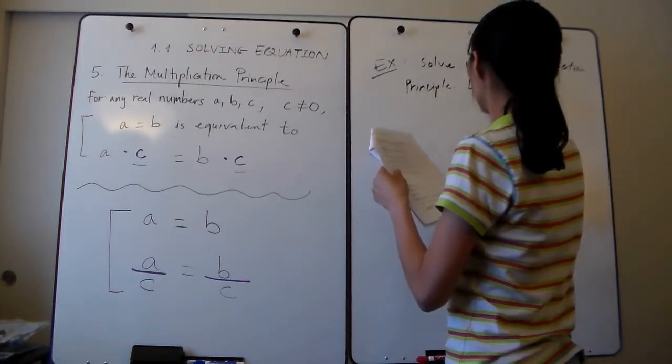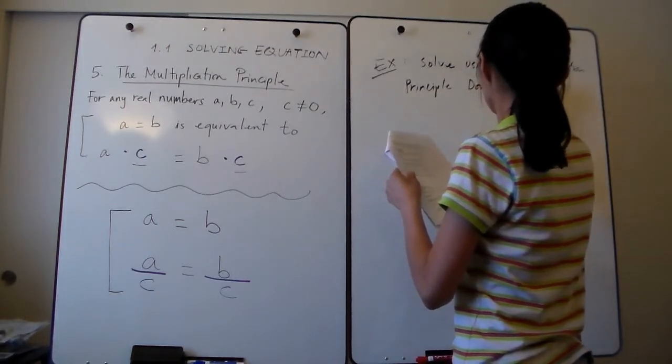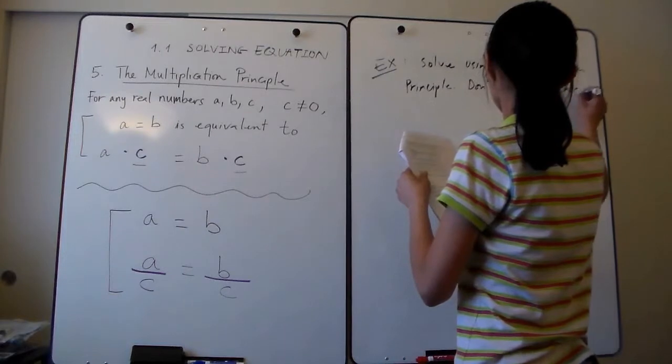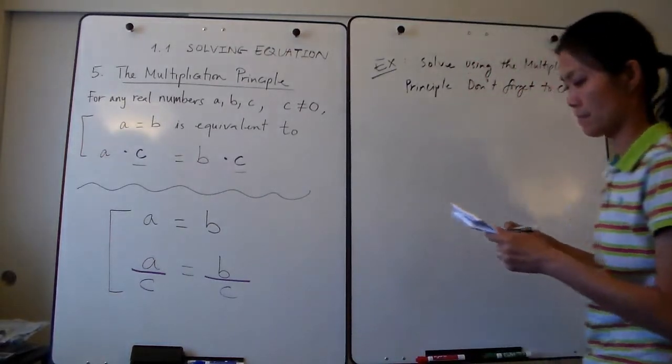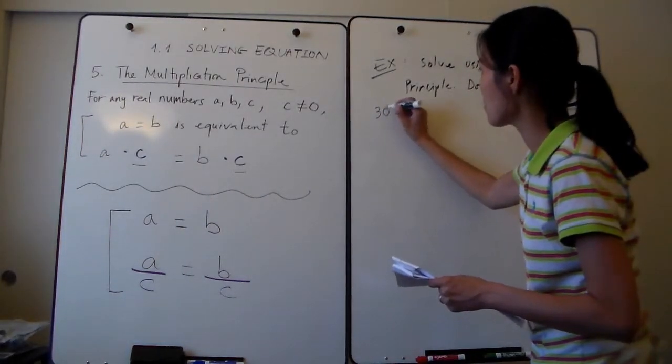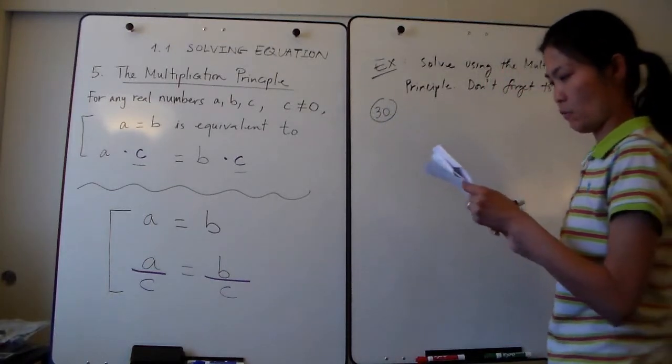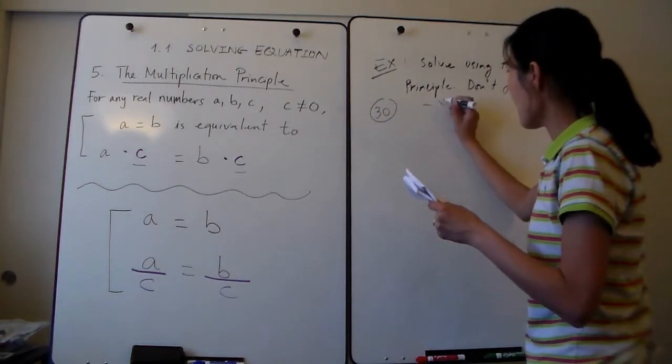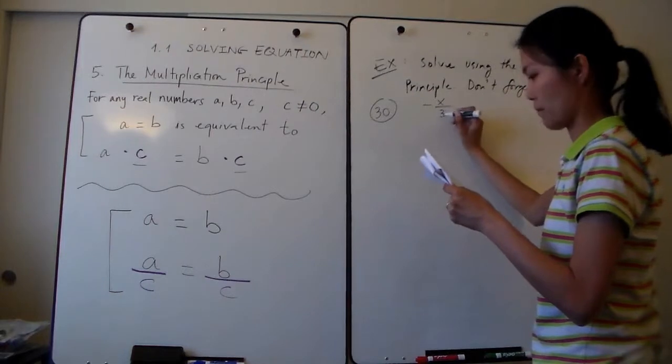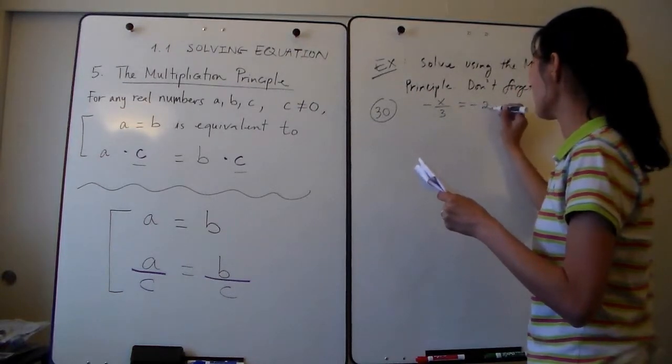Don't forget to check. And this is exercise number 30. We have negative x divided by 3 equal to negative 25.